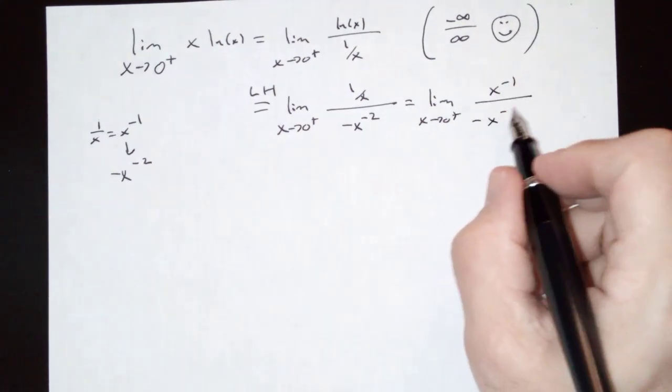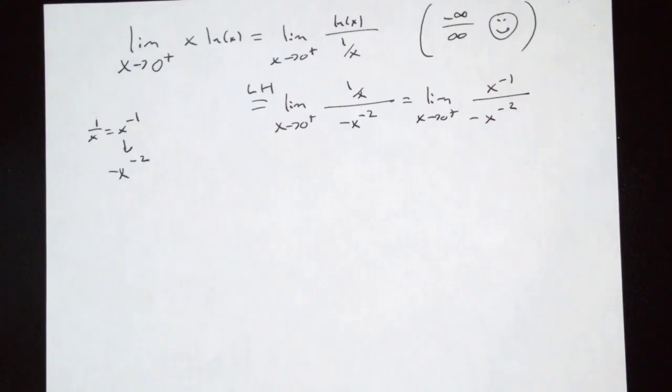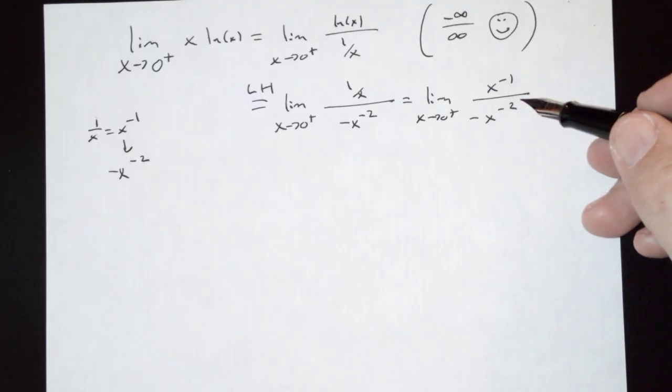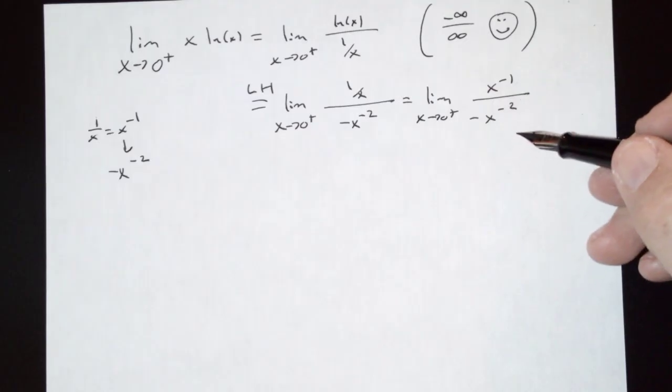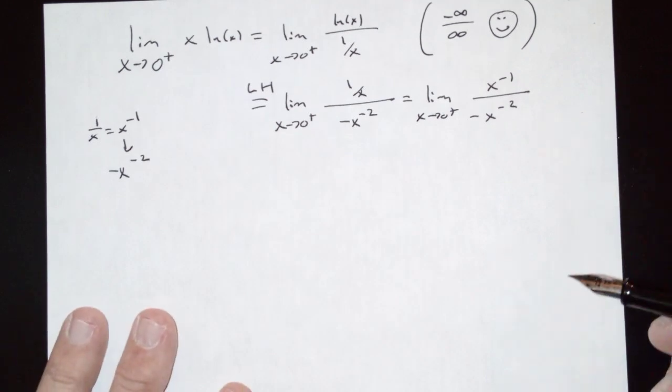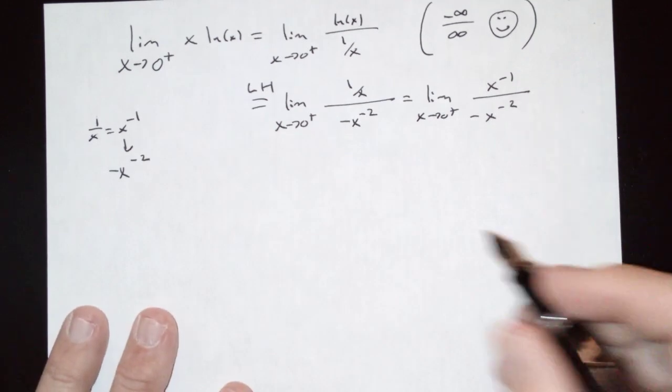What happens when I have powers like that? What do I do with the powers here? And that leaves me 1 on the bottom, doesn't it? A -1. The other way to think of it is I subtract the powers, the power on the top minus the power on the bottom.